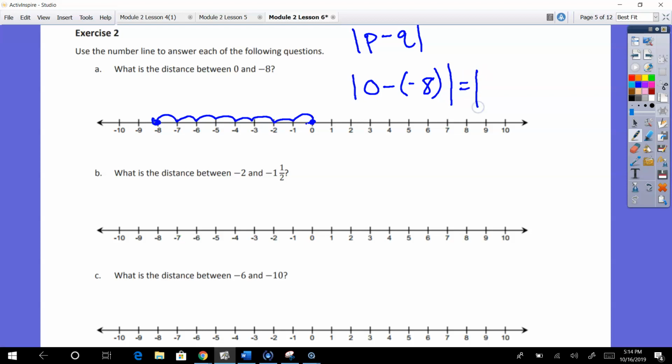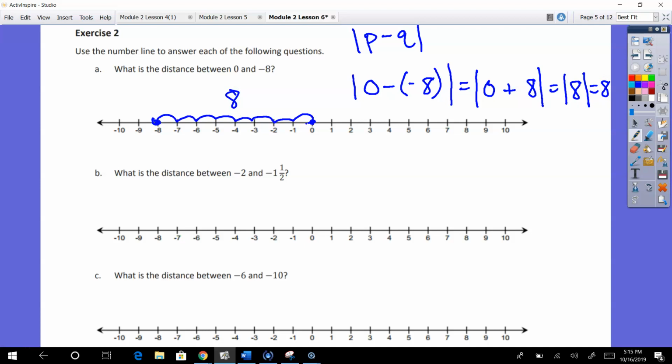The absolute value of 0. The subtraction is the same as adding the opposite. So the opposite of negative 8 is positive 8. And so the absolute value of 8 is 8. And that was 8 units.